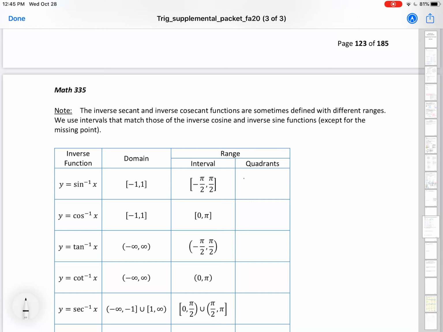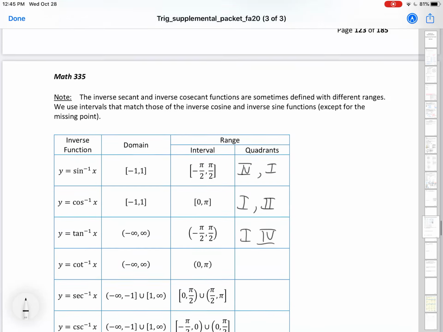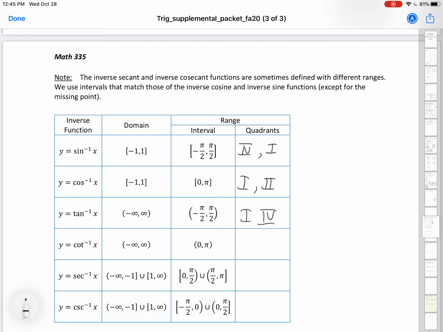So what are we recognizing? That the range of sine is quadrant 4 and quadrant 1. The range of cosine is quadrant 1 and 2. The range of tangent is also like sine, 1 and 4. I'm going to just list them in different orders. It doesn't matter what order. Cotangent has cosine up top, so it's going to be 1 and 2.